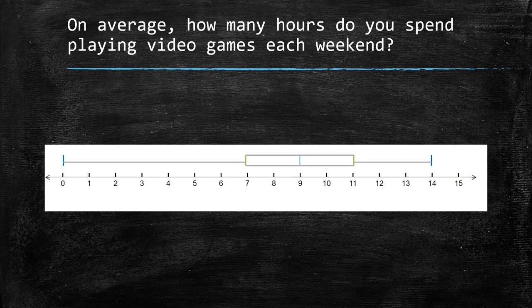One other thing that I want to point out about a box and whisker plot is that each chunk of this data represents about 25% of the data. And that makes sense because if you think back to what we were doing when we had our list of data up there, there were 3 data points in each one of these chunks. There was an equal percentage in each one. So even though the chunk that goes from 0 to 7 looks wider, it doesn't mean that there are more people that fall in that data.